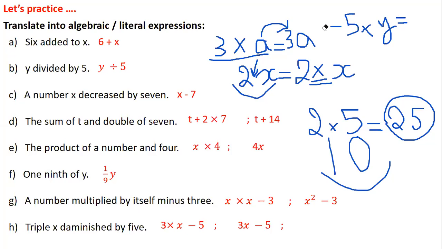Yes, we write it minus 5y. Always the number comes before the variable. We cannot write y5. We should write 5y. Always the number comes first, then the variable comes next.